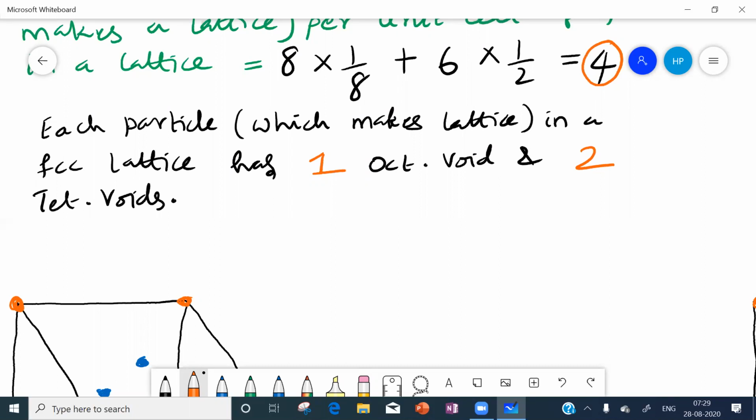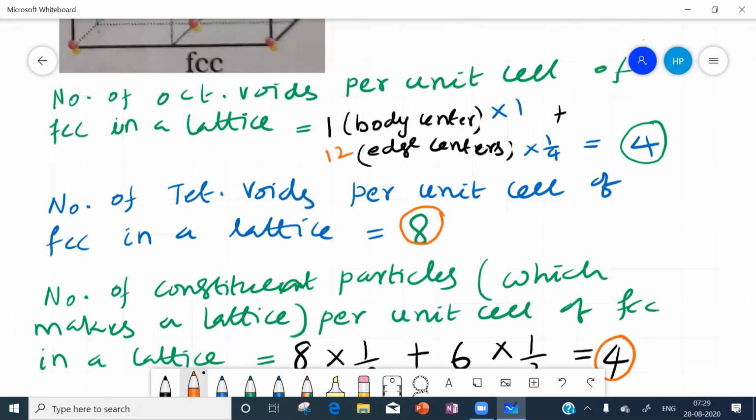So we got a conclusion: each particle in the FCC lattice has 1 octahedral void and 2 tetrahedral voids.